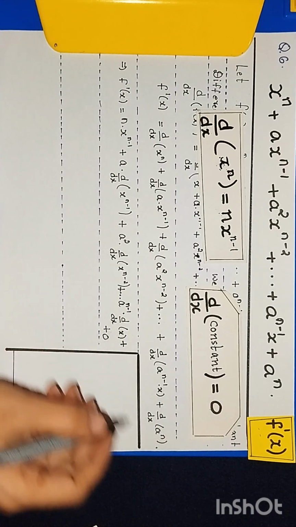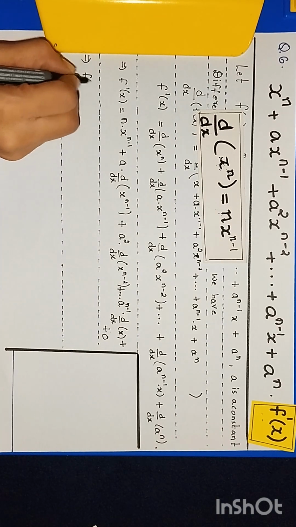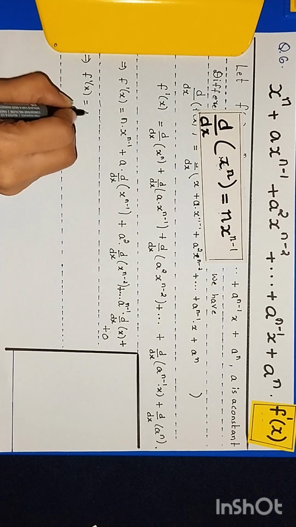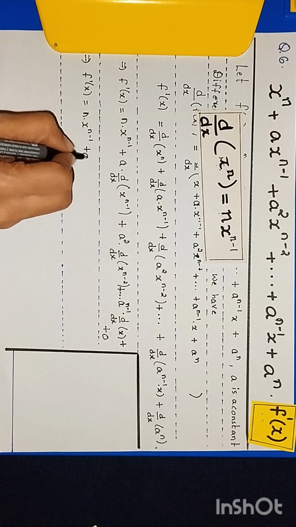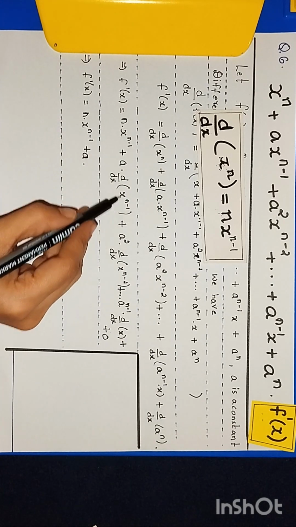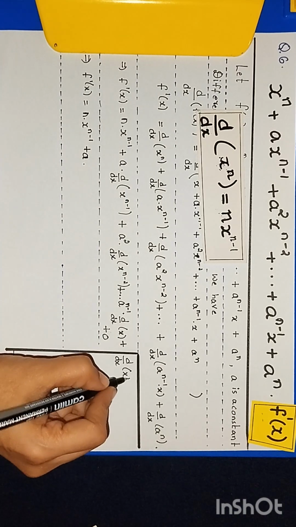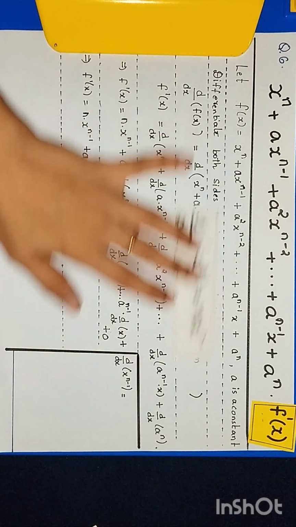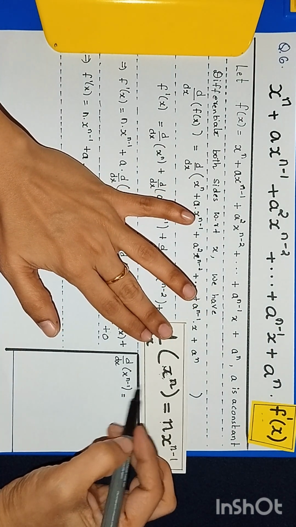Now this implies f dash of x is equal to n into x to the power n minus 1 plus a times d by dx of x power n minus 1. I will solve it here. It is the same as before; in the place of n we have n minus 1.